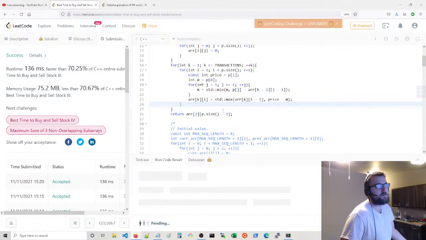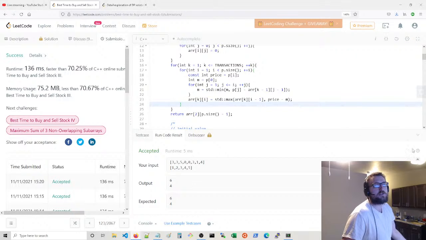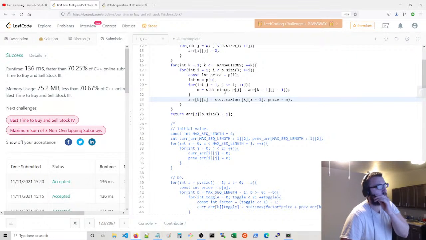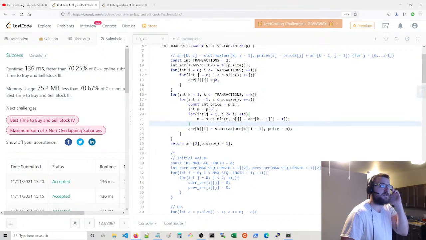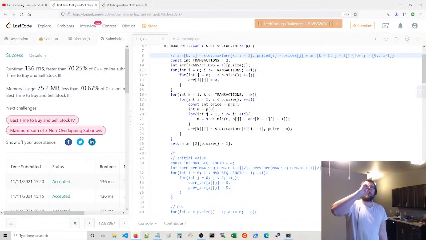Okay, this should be correct so far. I'll explain why this works. So, this is correct so far because it mirrors this. And right, so the logic is you want the maximum of either at a particular index i.